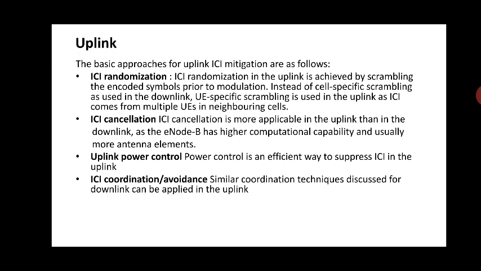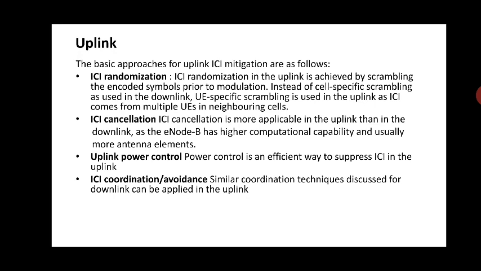Similarly in the uplink, it is encoded depending on the symbols prior to modulation. User equipment specific scrambling is used in the uplink, as ICI comes from multiple UEs in neighboring cells.